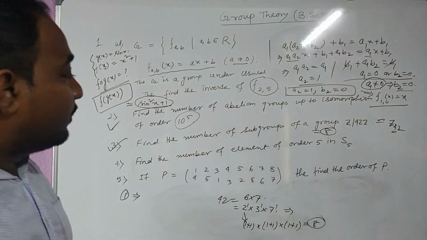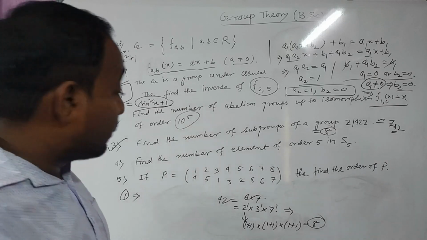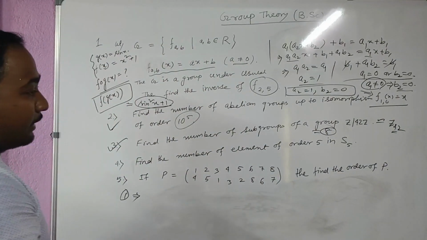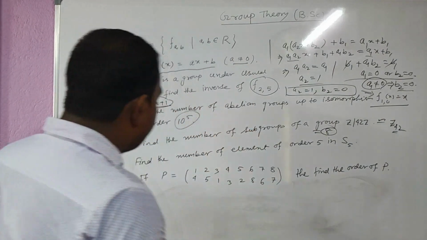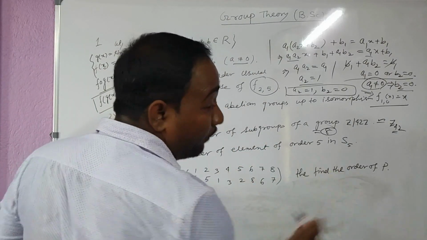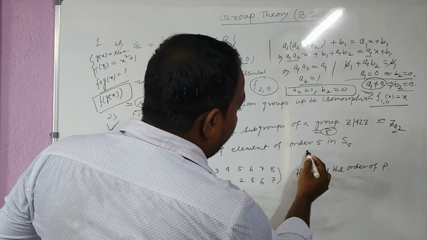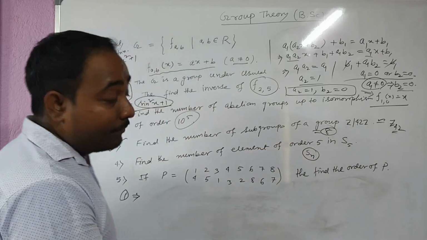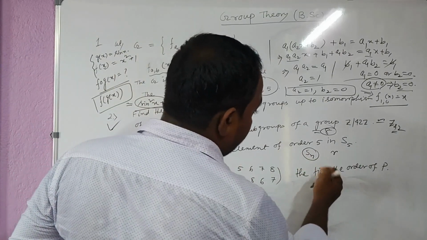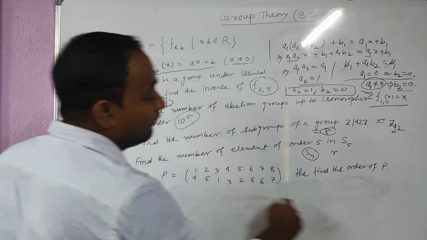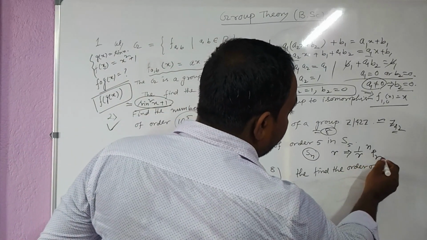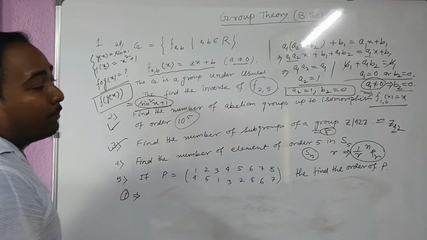And now the next problem is taken from the concept of permutation groups. Okay, let's try to solve this. Before solving it, first of all, let me write down a short trick or formula. In the symmetric group Sn, the number of cycles of length r is determined by 1 by r times nPr, right?